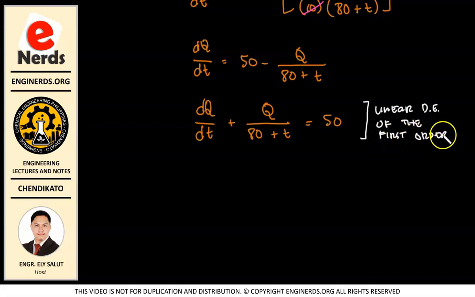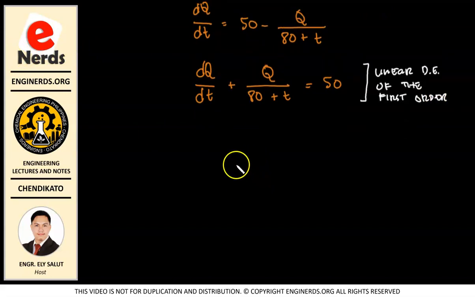Okay? So, dyan na ngayon papasok yan. So, i-apply natin yung natutunan natin last time. We have to identify our P and Q. Okay, so don't be confused. Iba yung Q rito, which is our assumption as the amount of salt, and yung Q natin sa ating differential equation of linear, no? Para hindi lang kayo ma-confuse.